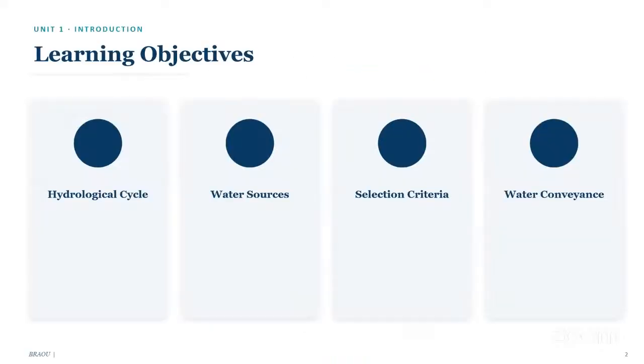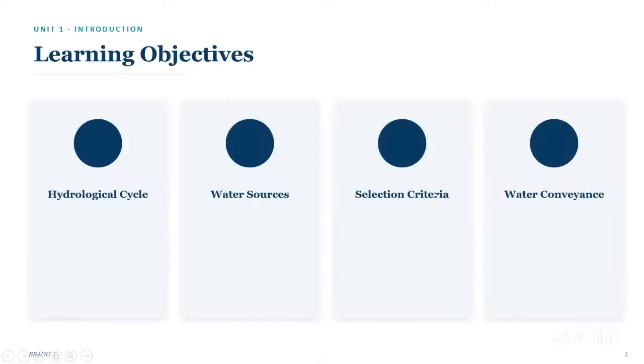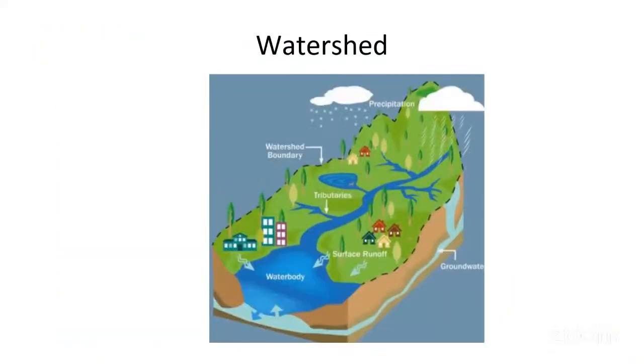The learning objectives are: first, we should know about the water cycle, the various water sources and selection criteria, and water conveyance. Can you tell me what is meant by watershed? Storing of water.